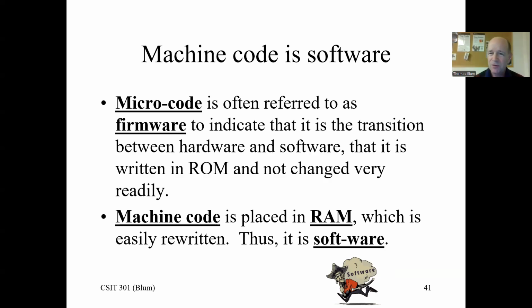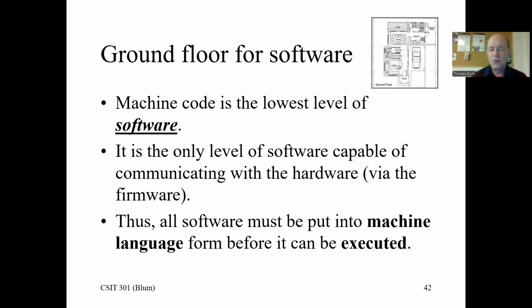What makes it easy to change is that it's in RAM, but what is in there, and how can it be changed? The instructions are in ROM, and they're not going to change, or not very often.